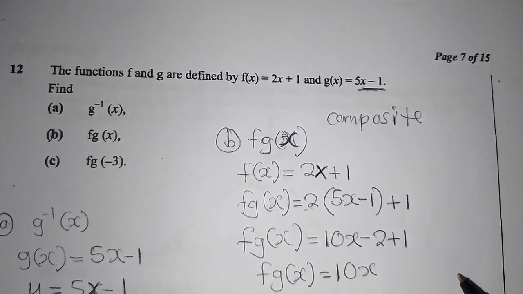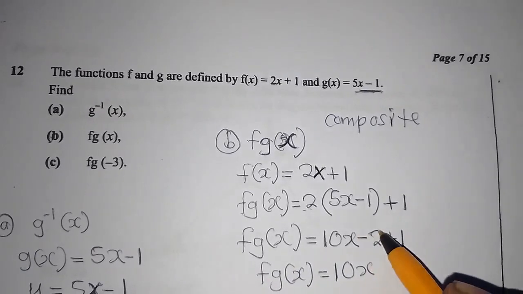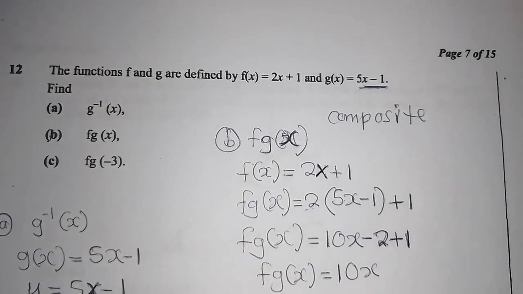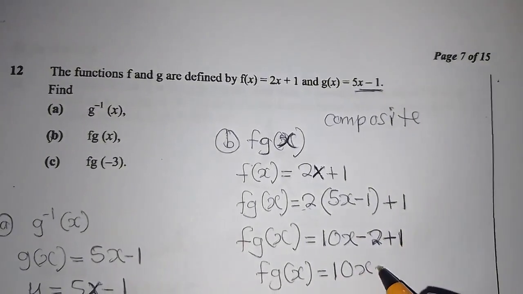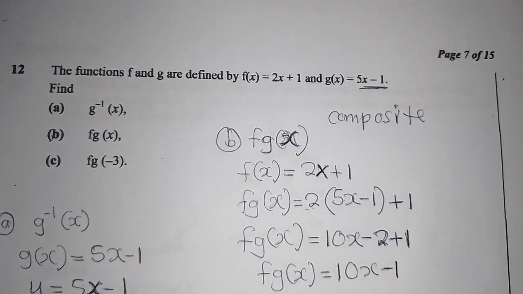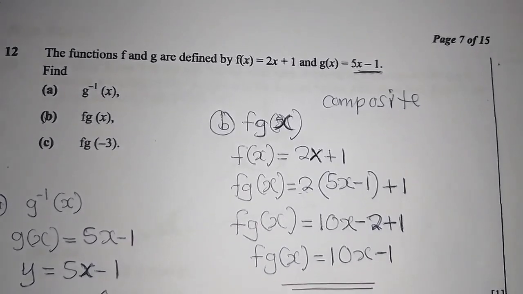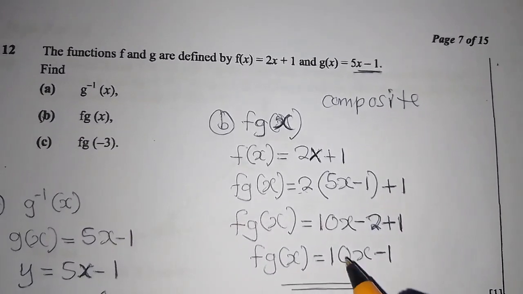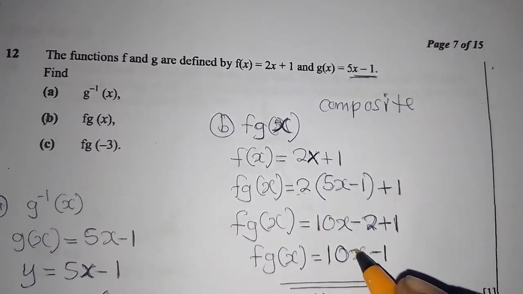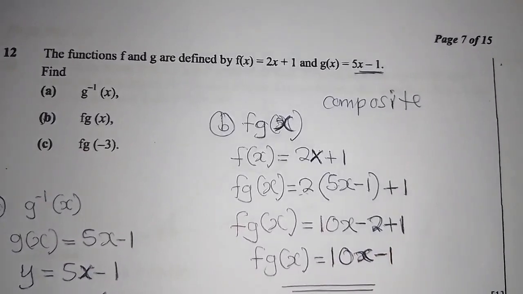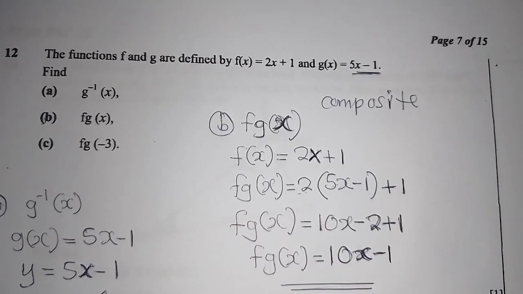Then what is negative 2 plus 1? It is negative 1. So this is your answer. Your answer is 10x minus 1. That's how you need to answer this question.